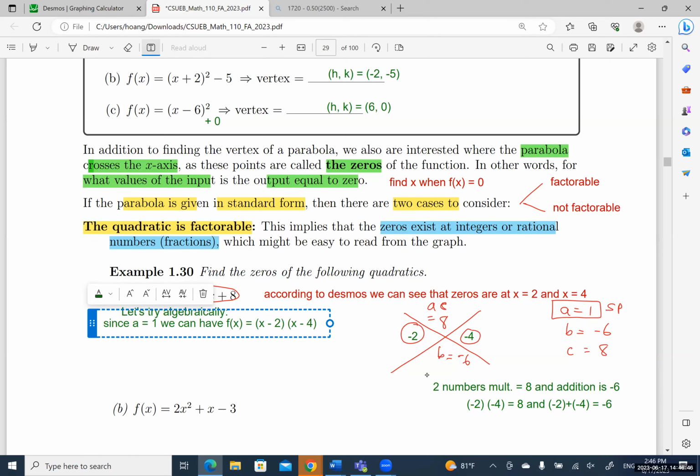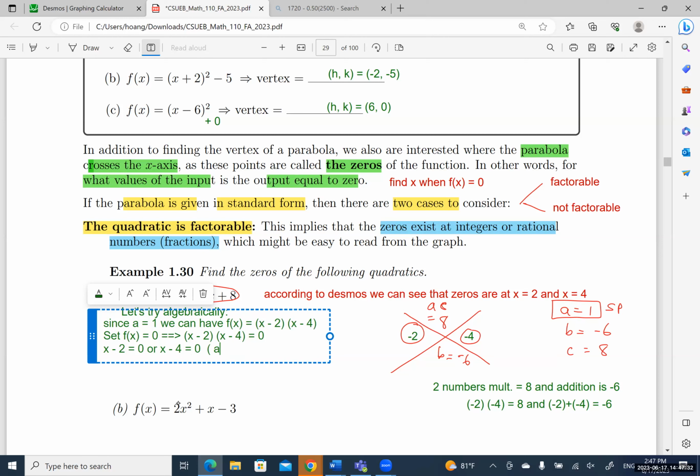So now we find the zeros by setting f of x equal to 0, because as I stated before, the zeros are x when f of x equals 0. So then we have x minus 2 times x minus 4 equal to 0. We have the factored form, so we can apply the zero factor property. We can have x minus 2 equals 0 or x minus 4 equals 0.